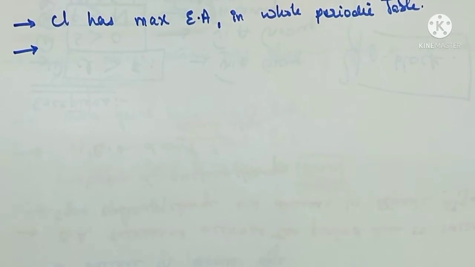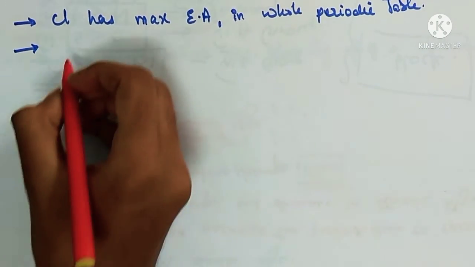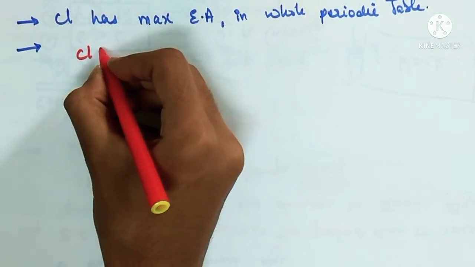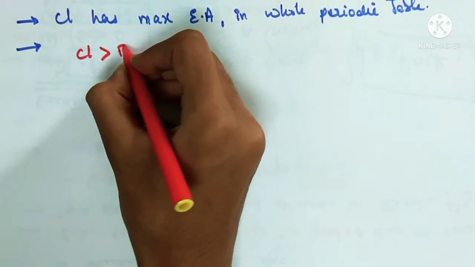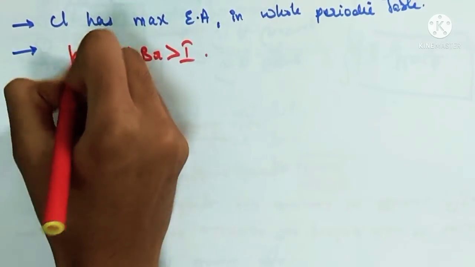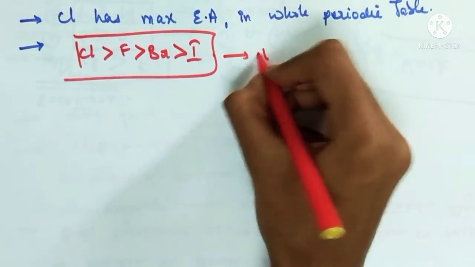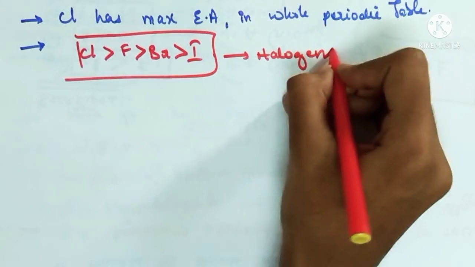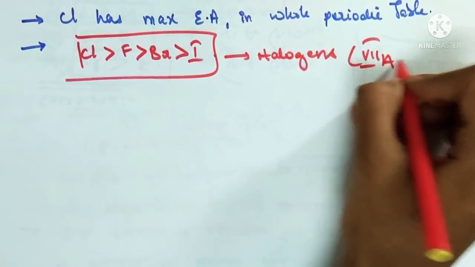The order of electronic affinity among the halogens is: chlorine has greater electronic affinity than fluorine, greater than bromine, greater than iodine. This is for halogens, that is 7th group.